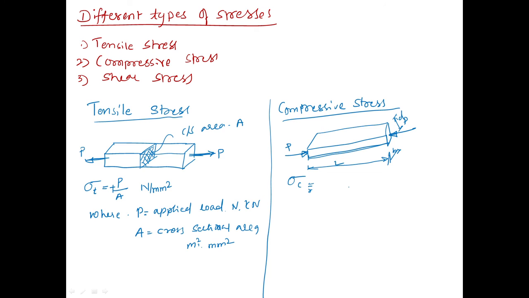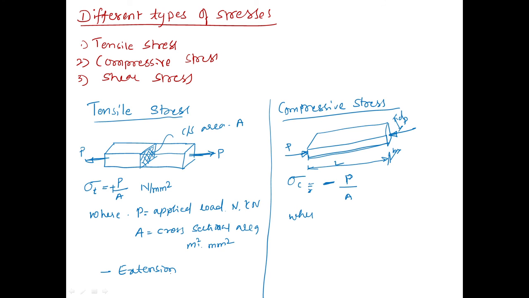Now compressive stress is defined as the stress which causes shortening of the bar in the direction of load. That type of stress is a compressive stress. Compressive stress value is minus in nature.